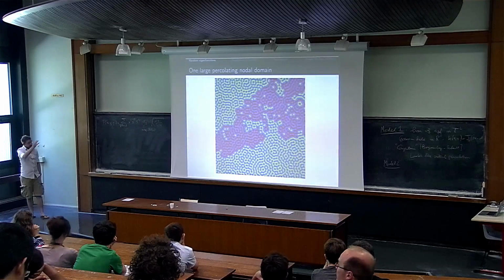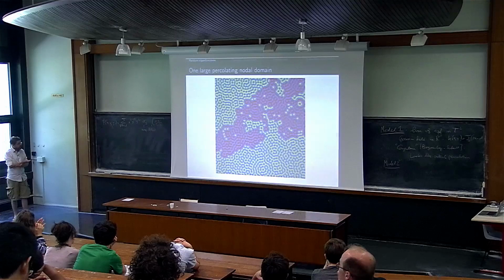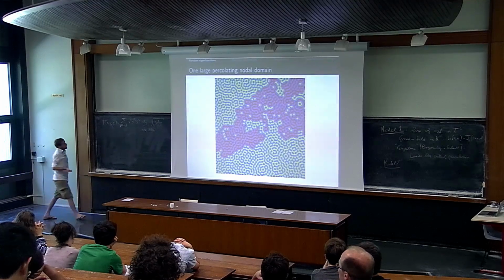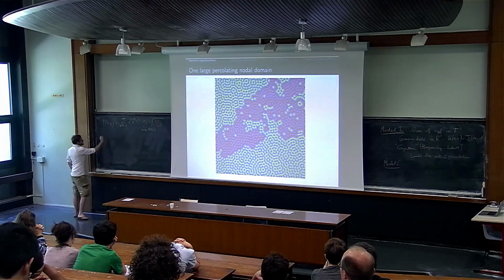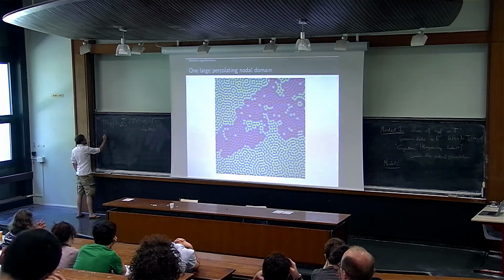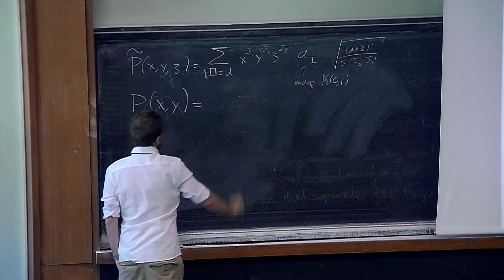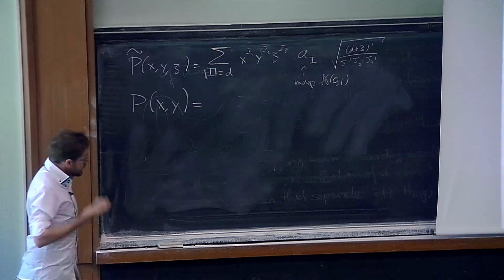So of course, if you have a field on the sphere, you can always do the stereographic projection and look at it as a field on the plane. And it's still polynomial, and it will be easier to look at. So let's call this p tilde of x, y. Now it's not homogeneous anymore.